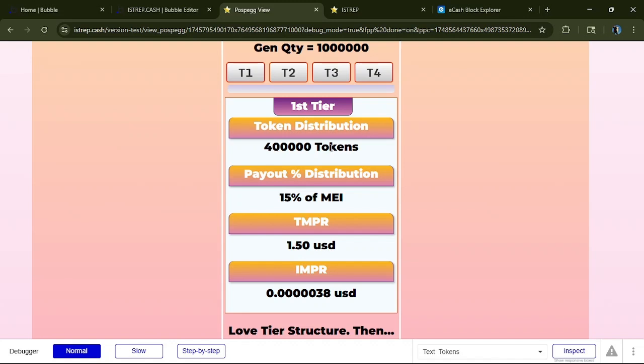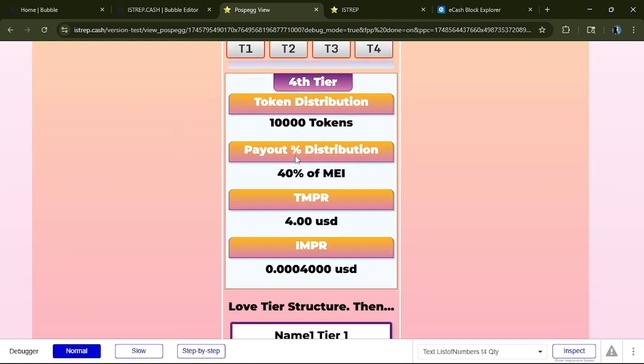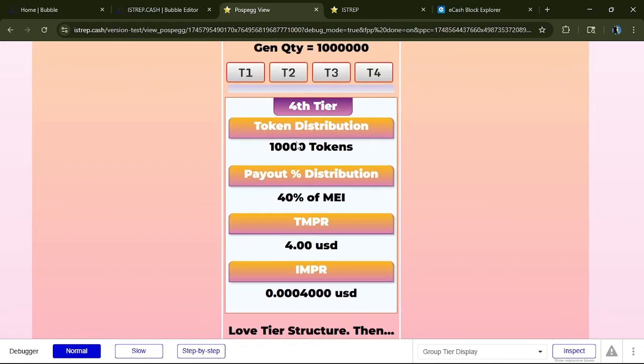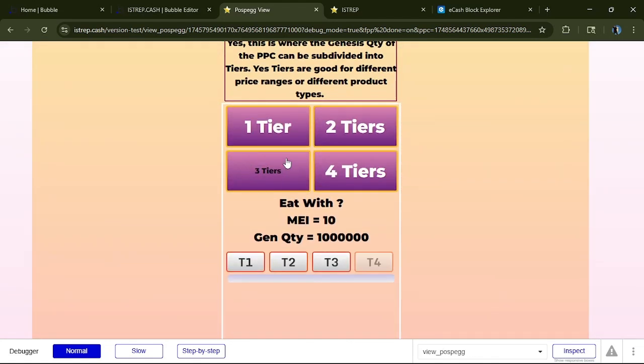That creates that rarity for this particular PPC's tier structure. And we can see the distribution of payout, which changes: 15, 21, 24. Each of the distributions is different.